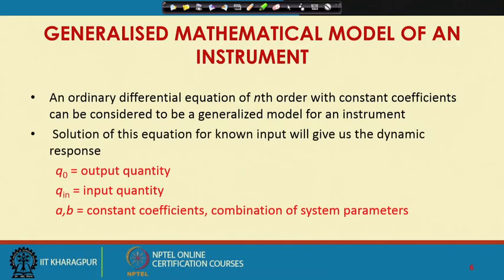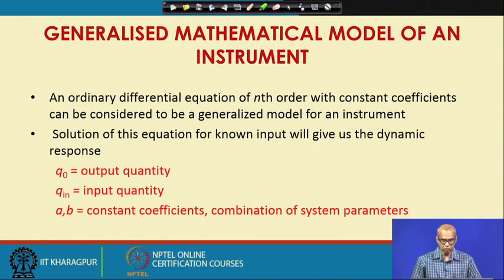So, let us first write down an nth order general ordinary differential equation with constant coefficients. Solution of this equation for a known input will give us the dynamic response.